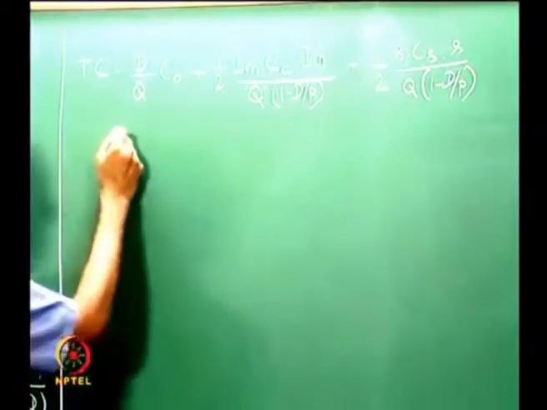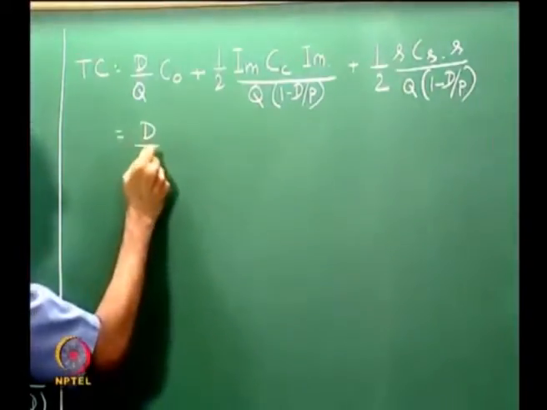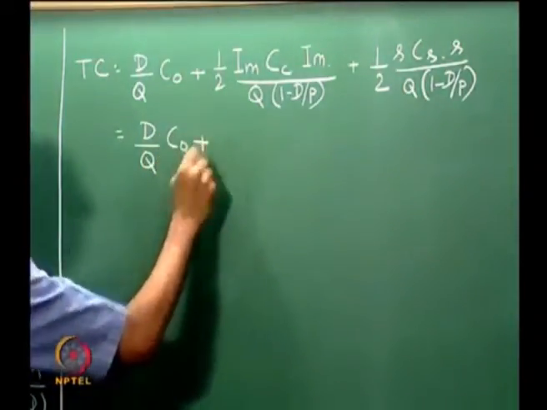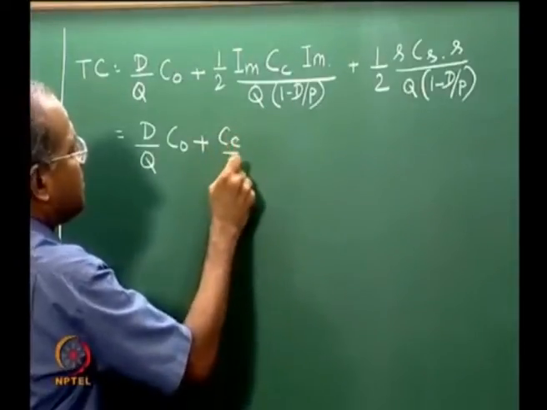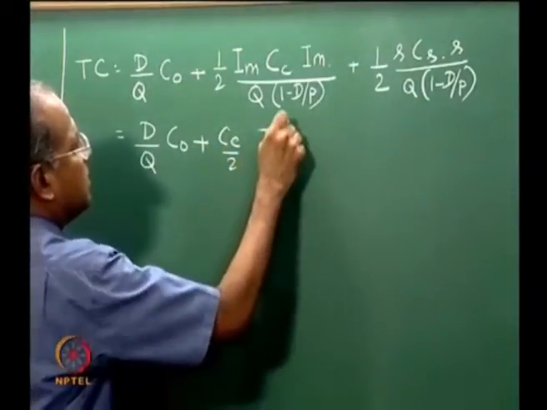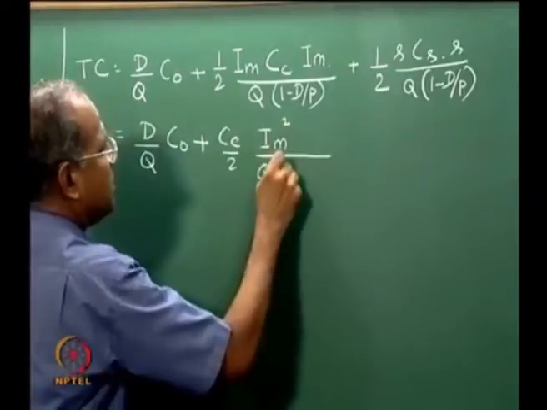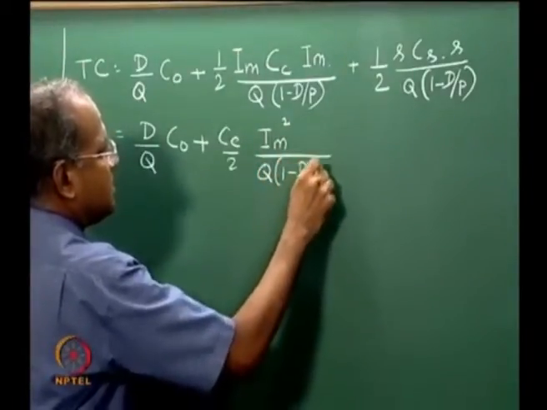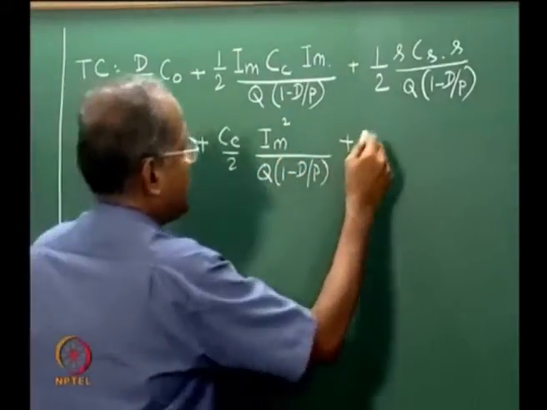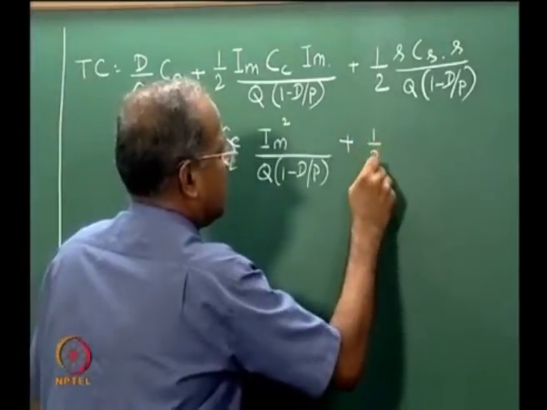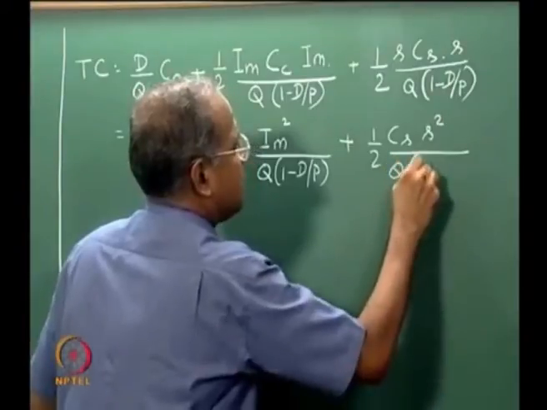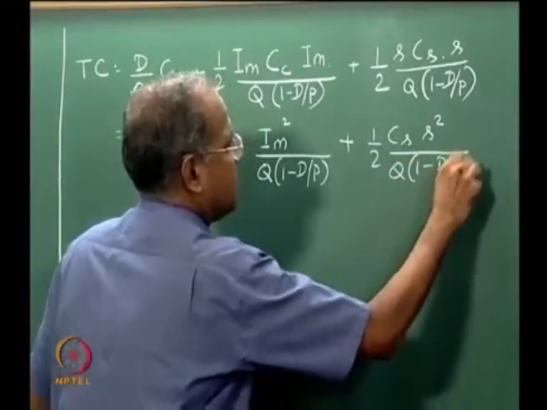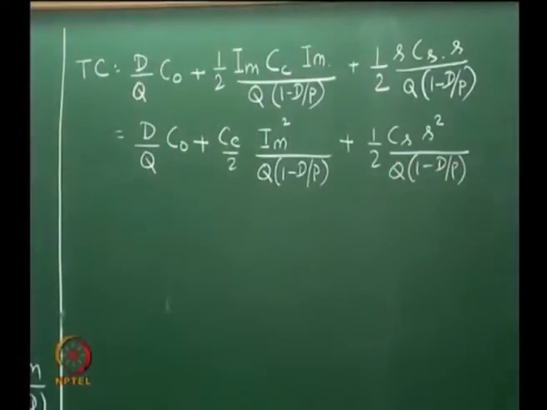Now, on simplification this will give us d by q C naught plus Cc by 2 Im square by q into 1 minus d by p plus half into Cs into s square by q into 1 minus d by p.